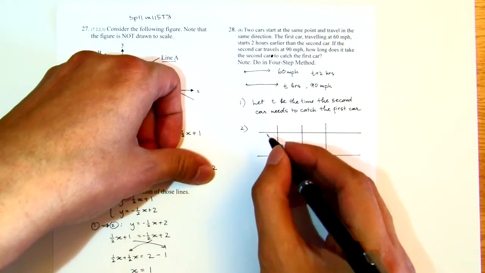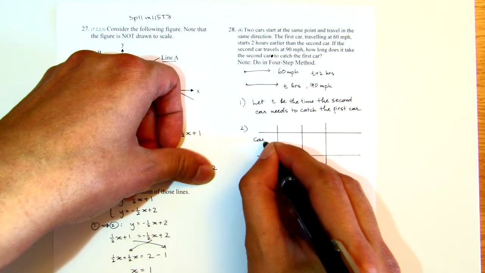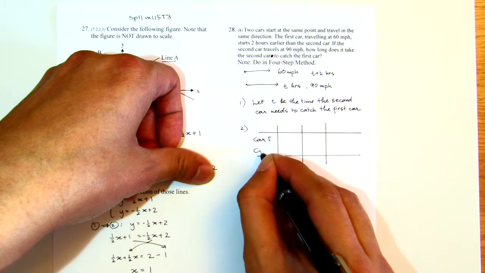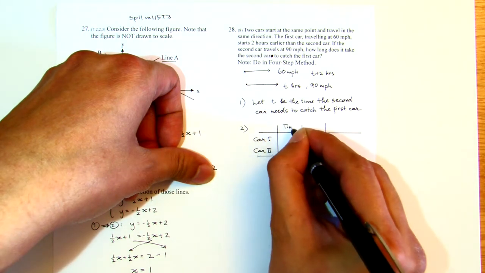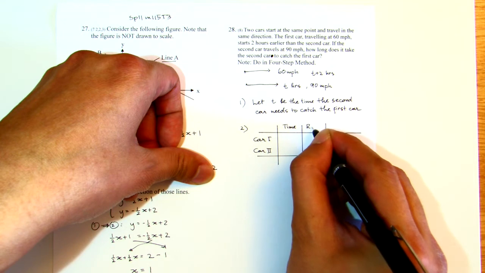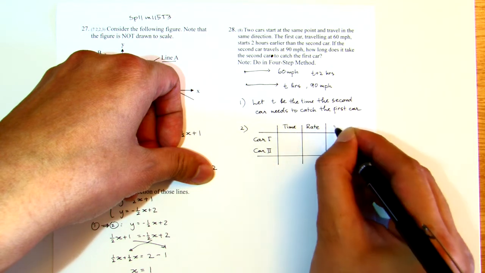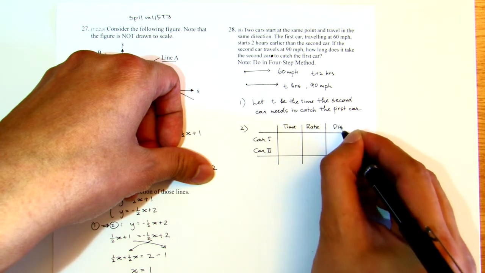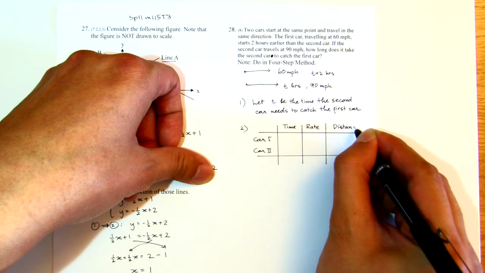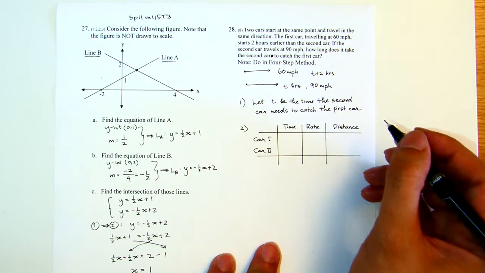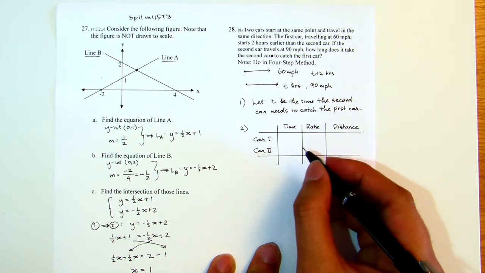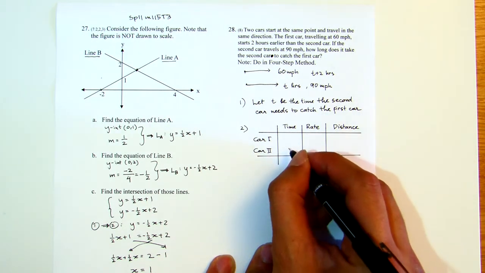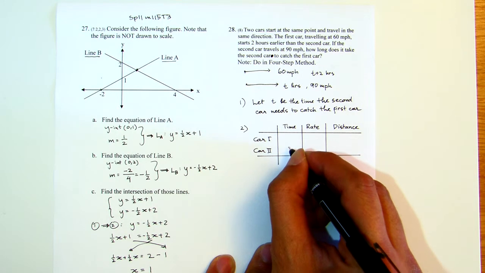This is car number 1, car number 2, that's the time, the rate or the speed, and this is the distance traveled during that time. Now, from our definition here, the t is the time the second car needs to catch the first car.